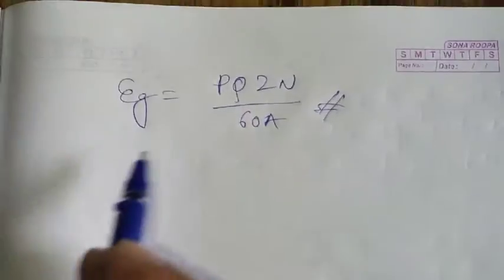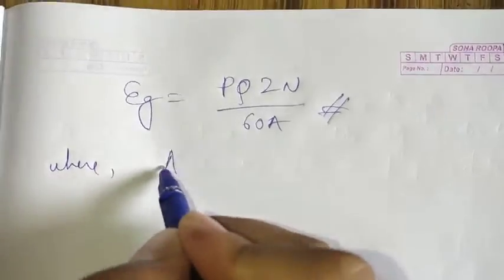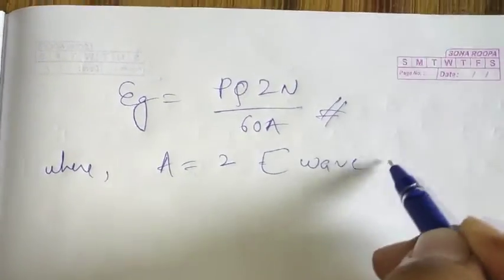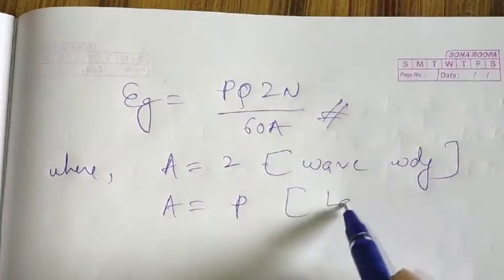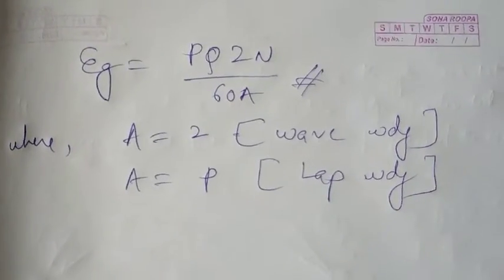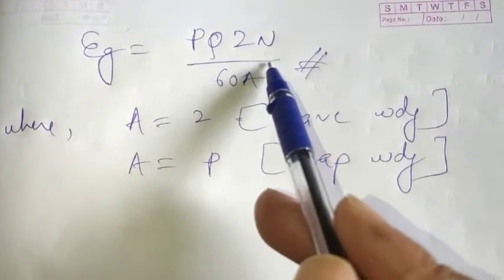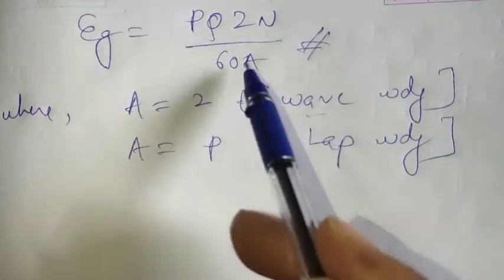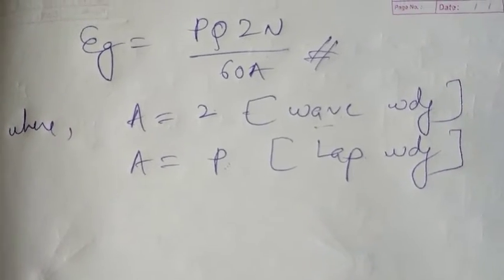Now, just to understand, in this case A is equal to 2 for wave winding and A is equal to P for lap winding. In the numericals it will be mentioned whether it is wave winding or lap winding. This is the EMF equation of a generator, and you take A equal to 2 if it is wave winding, and A equal to P, the number of poles, if it is lap winding.